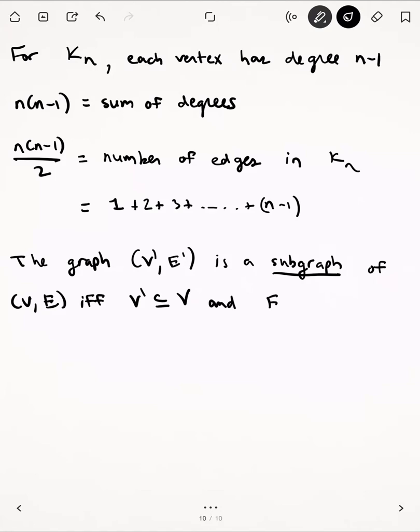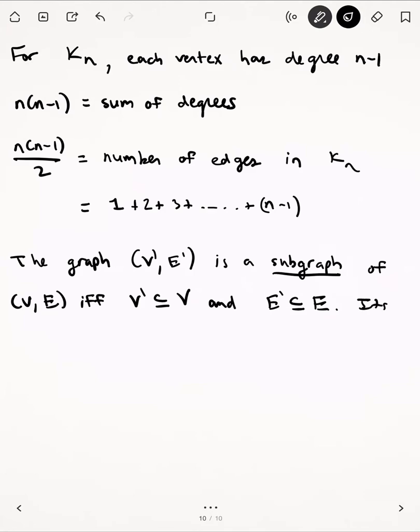And E prime is a subset of E. So that is, we can create a subgraph of the graph V, E by taking some points in V and then some edges from E.